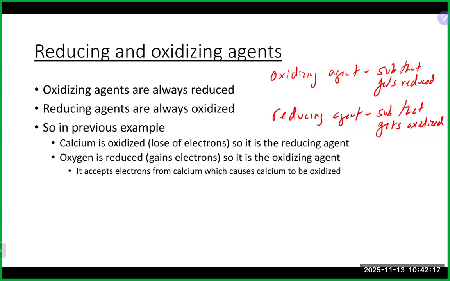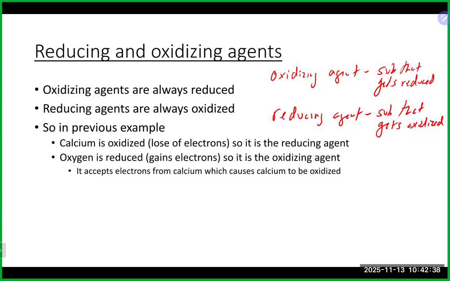So why are they called that? The oxidizing agent is a substance that gets reduced. So that means in order for it to gain electrons, it has to cause something else to lose electrons. So it's causing something else to be oxidized, and that is why it is known as the oxidizing agent.